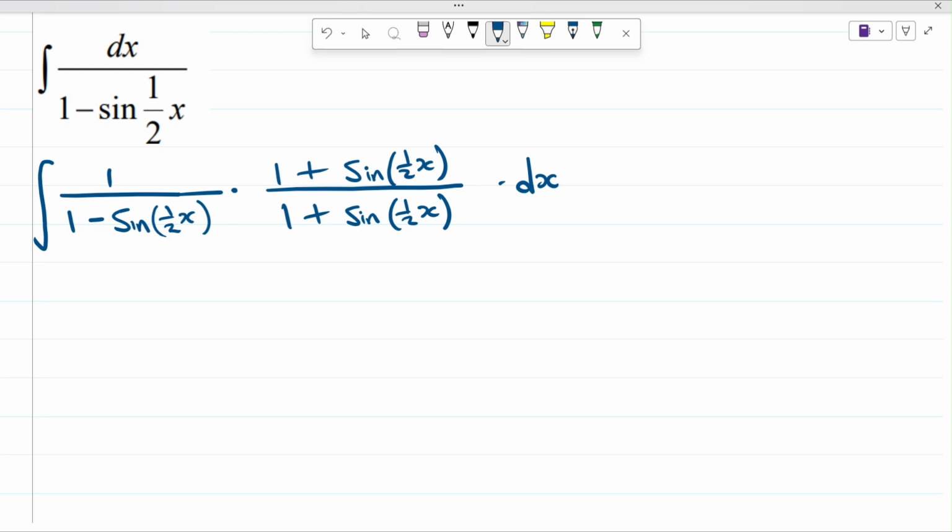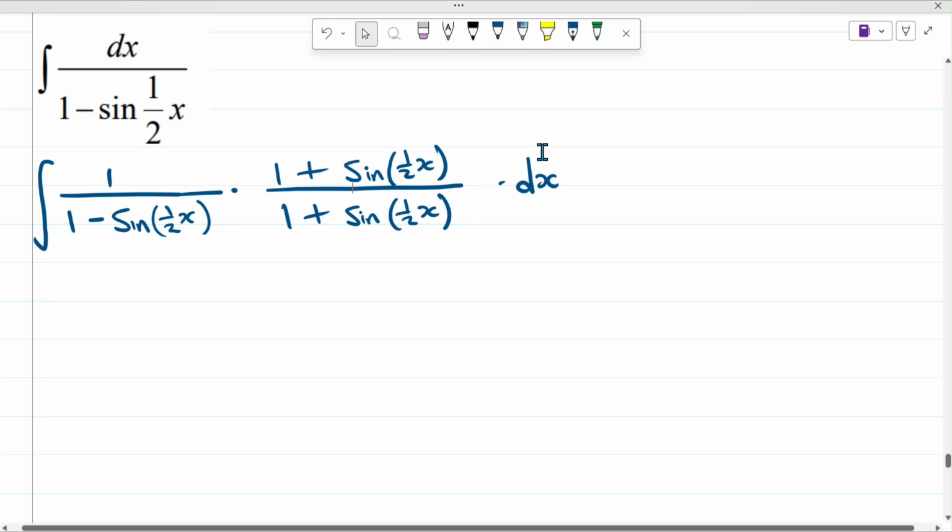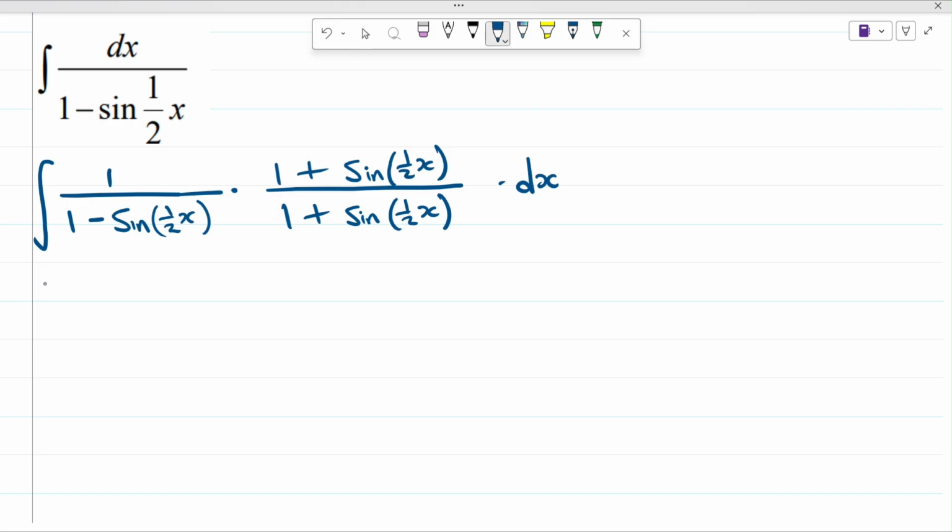So this numerator multiplies that numerator, and this denominator multiplies this denominator, and then from there we're going to have this.